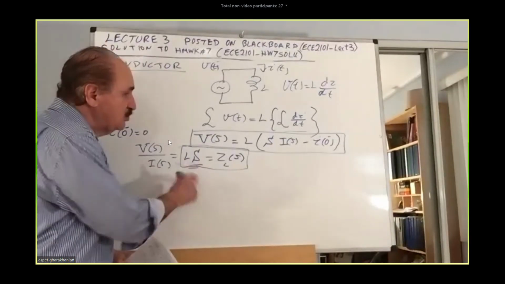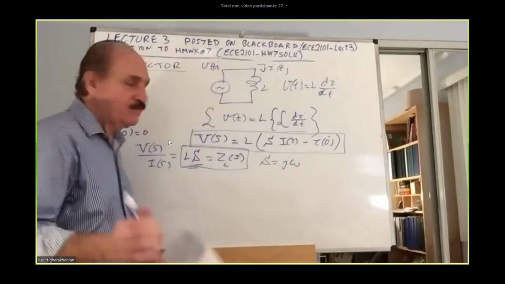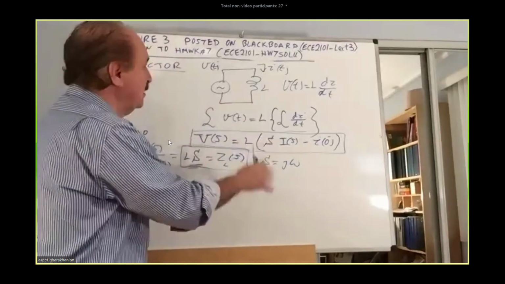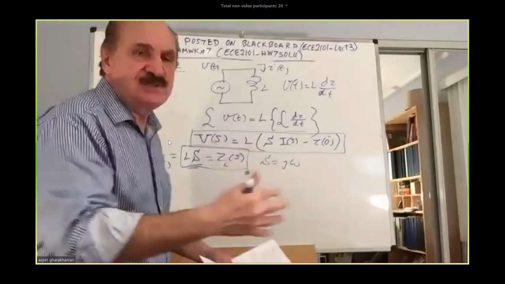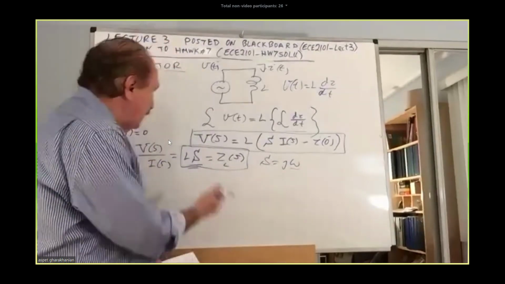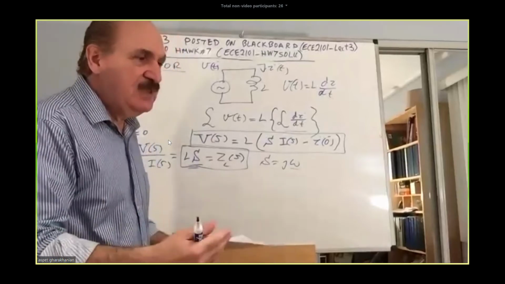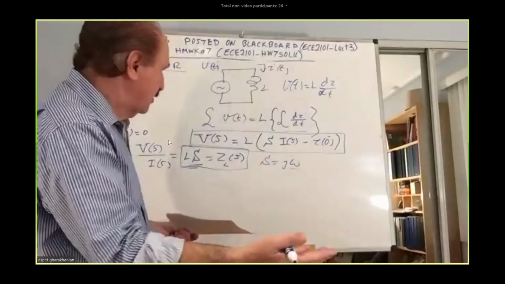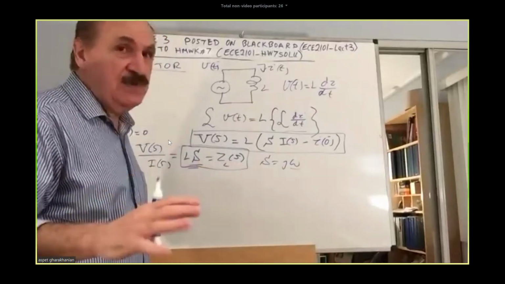Let me tell you what. If for s you substitute j omega, automatically it's going to yield the frequency impedances, at the frequency omega. Then V is not a general voltage, but the phasor voltage, the alternating AC voltage, the cosine functions, and I would be the phasor current, the one that we studied.